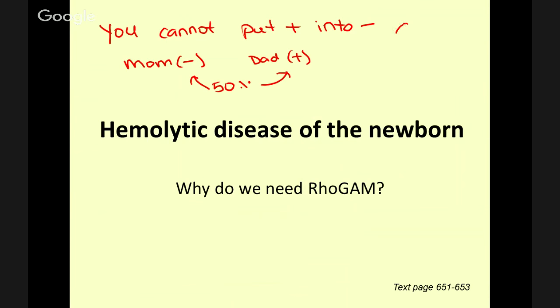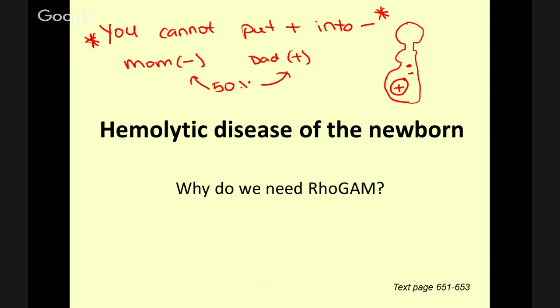So here's your mom. Bad drawing of a pregnant lady, all right? And so this lady is pregnant with the baby. So if the baby is in here and positive and the mom is negative, have we just broken one of our big rules of blood typing? Yes, we have. Because remember, our rule said you cannot put positive into negative.